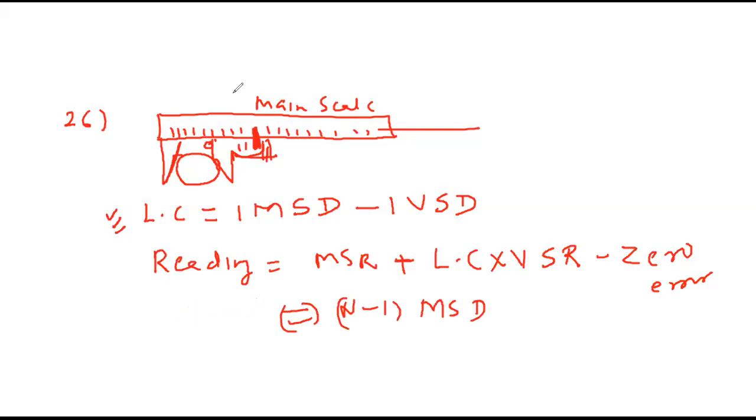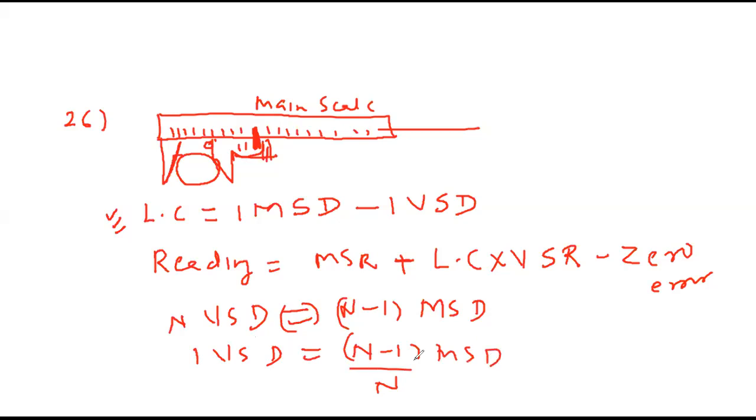If you understand, N vernier scale divisions coincide with N minus 1 main scale divisions. So one vernier division, can I say it will be N minus 1 upon N main scale division? This I think we followed. Then one vernier is N minus 1 upon N main scale by unitary method.